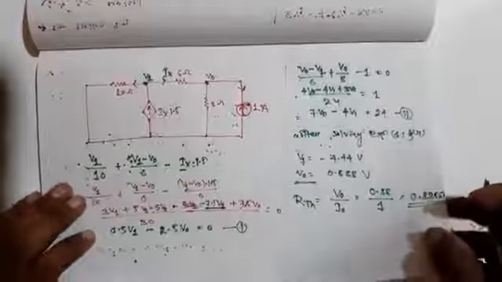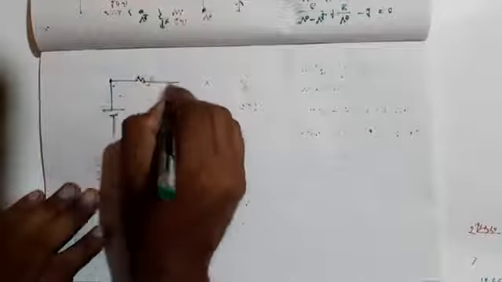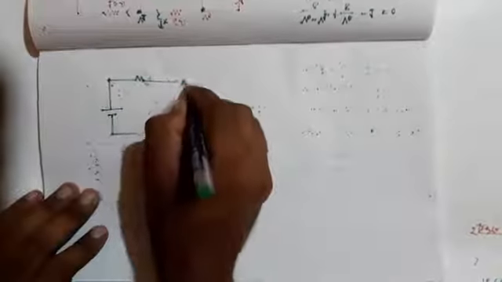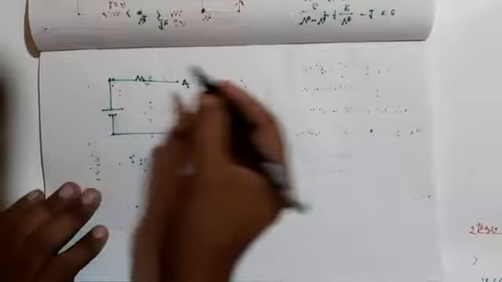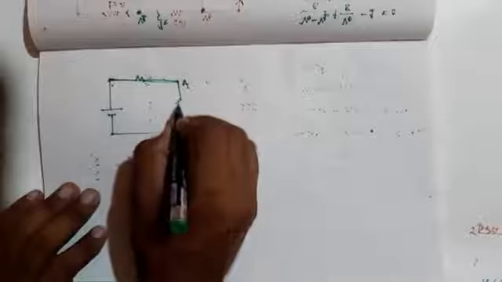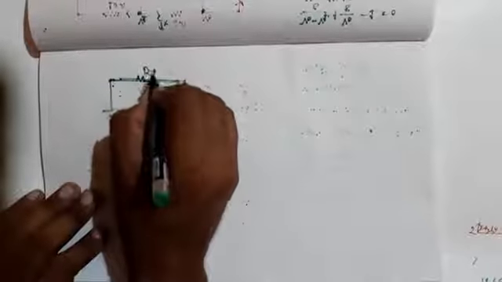Next, we are going to draw the Thevenin's equivalent circuit. This is the Thevenin's voltage VTH connected in series with the Thevenin's resistance RTH, connected to terminals AB.